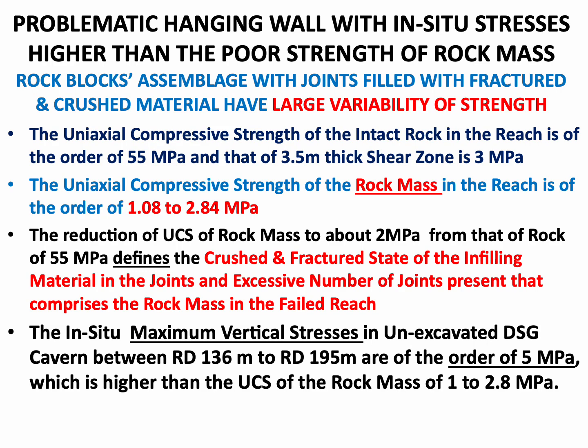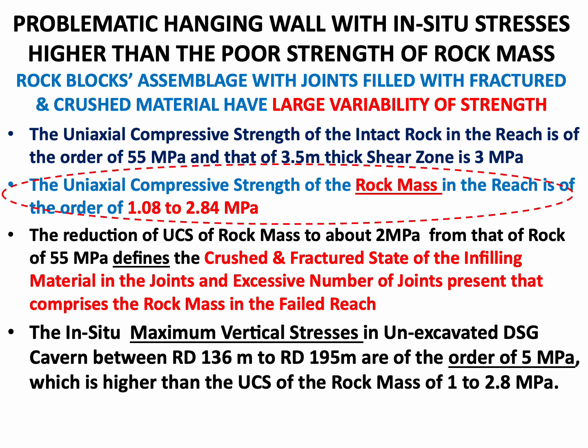The hanging wall side of downstream surge gallery, situated between RD 136 meter to RD 195 meter in the north of shear zone, comprised of rock blocks assemblage with their joints filled with fractured and crushed material. Thus, the rock mass in hanging wall has a large variability of strength compared between the intact rock and the rock mass.